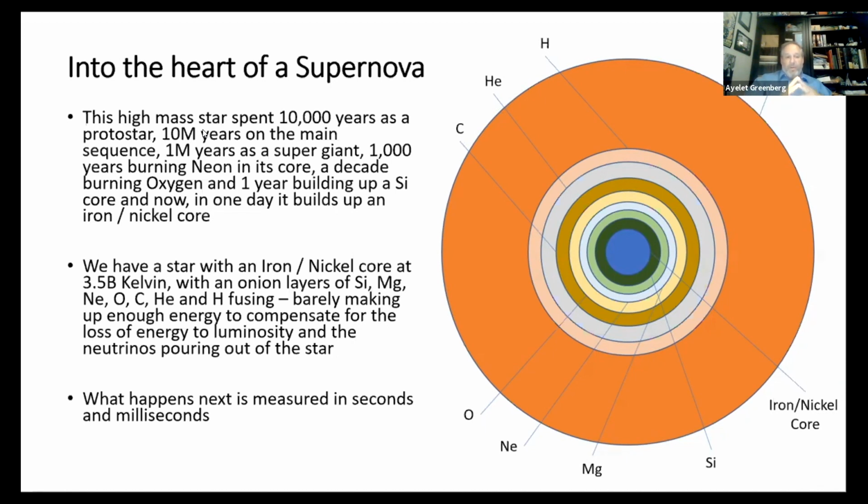And all these processes now are not producing enough energy to fight off gravity, and there is no fusion happening in the core, this big core that is sitting there getting really hot, but it's not going to produce fusion. And now the next steps are going to take literally seconds and milliseconds.